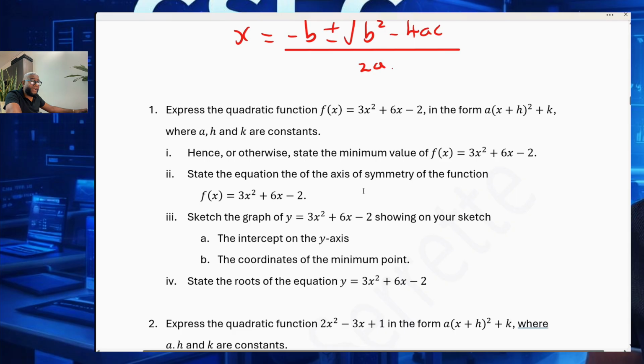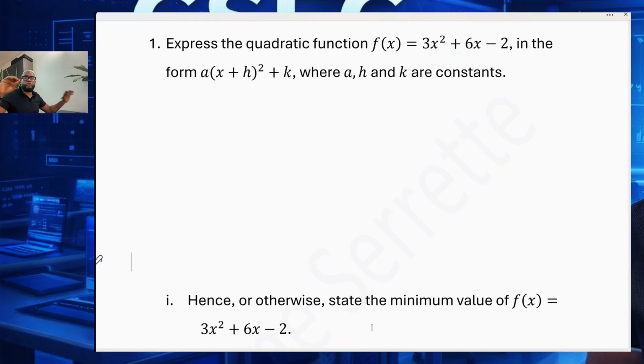So let's attack. Question 1: express the quadratic function f of x is equal to 3x squared plus 6x minus 2 in the form a(x plus h) squared plus k, where a, h, and k are constants, right?